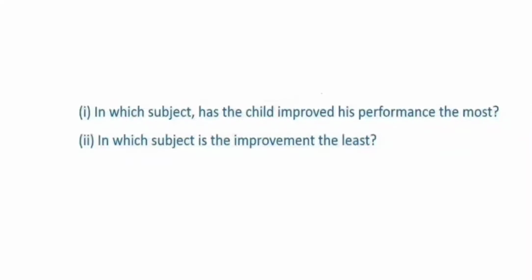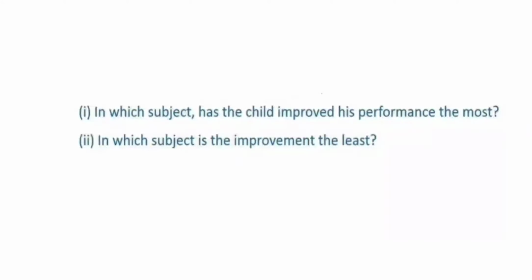The first question is, in which subject has the child improved his performance most, and in which subject is the improvement the least? Here we need to find the difference between the two terms, first term and second term.